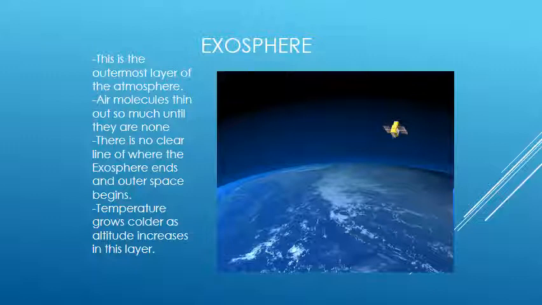So let's just say the exosphere begins at about 600 kilometers above Earth's surface and goes to an altitude of about 1,000 kilometers above Earth's surface. Now, when you're in the exosphere, the higher you go in altitude, the colder it gets. So in other words, as you increase in altitude, the temperature decreases, just like our troposphere.